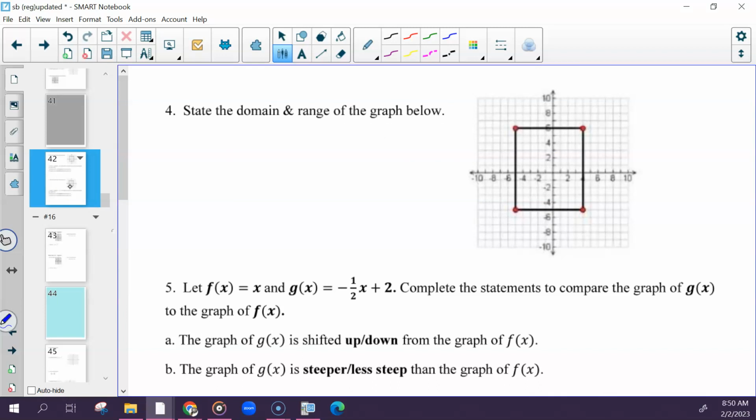And then 4, now this one is continuous. So when you list out your domain and range, it should start off like this. Before we continue this, I do want to mention for 5, you also have to say something about something being reflected. I'll let you figure that part out. So domain, furthest point to the left, and furthest point to the right would be at -5 and +4.